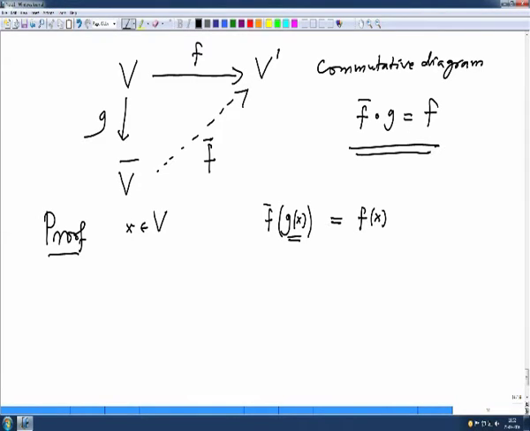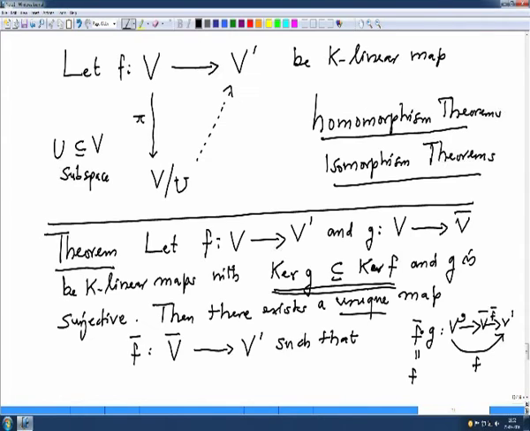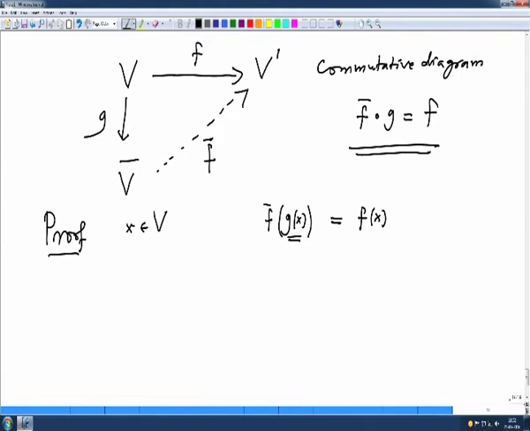So, of course, I can define it like this, but for that I need every element of V bar to come from V. That precisely means G is surjective. That was our assumption here. See, G is surjective, and here also pi is surjective. Not only that, but we have to check a little bit more, that somebody may have two elements.